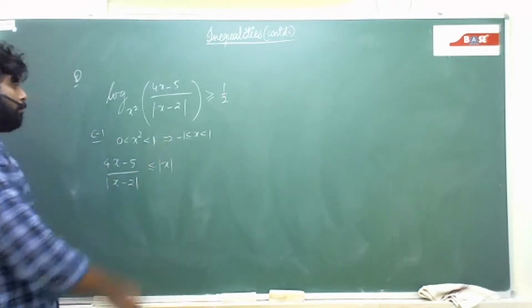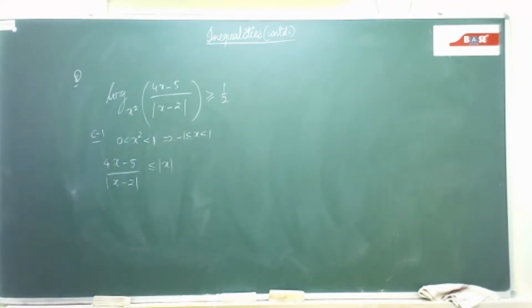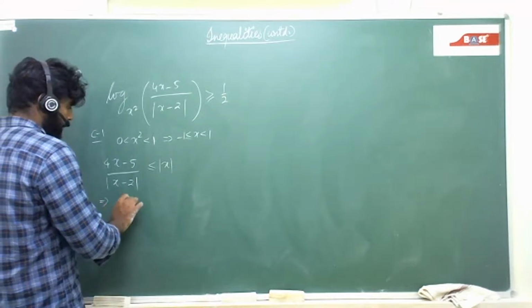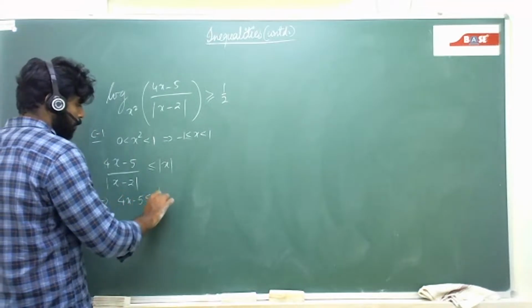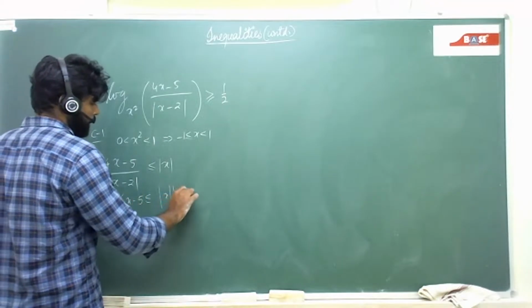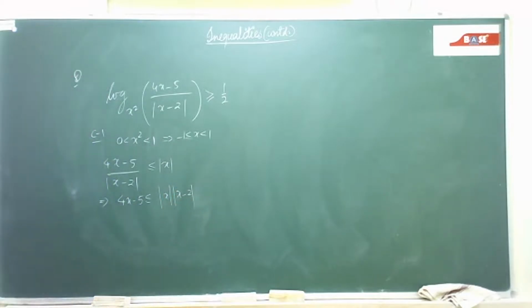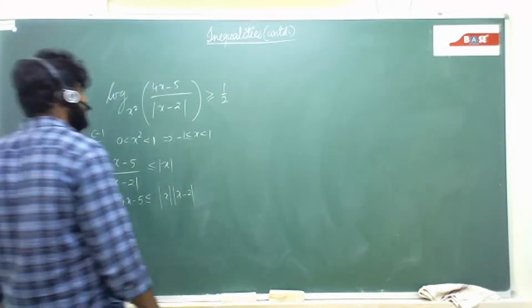If x is negative, then it will be that way. Modulus quantity is positive. So let's take it up there. So 4x minus 5 less than or equal to mod of x minus 2. Here again we have two conditions to do.